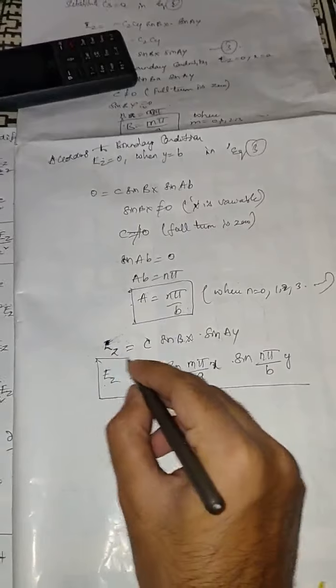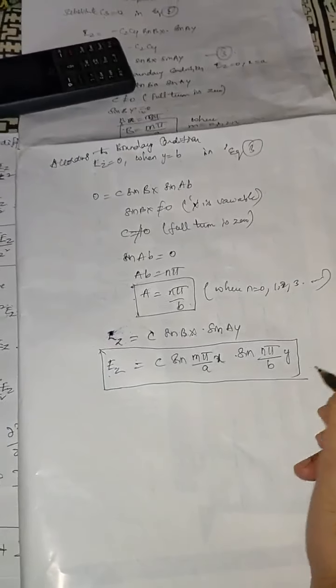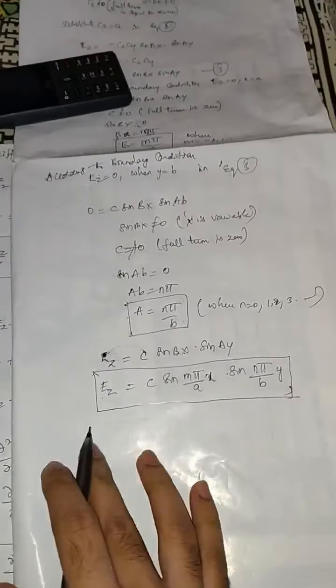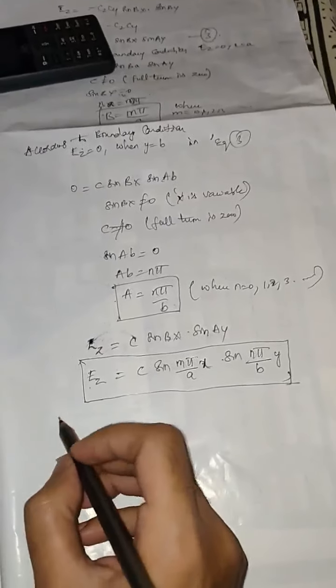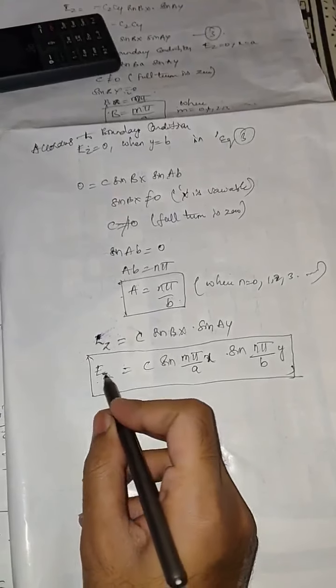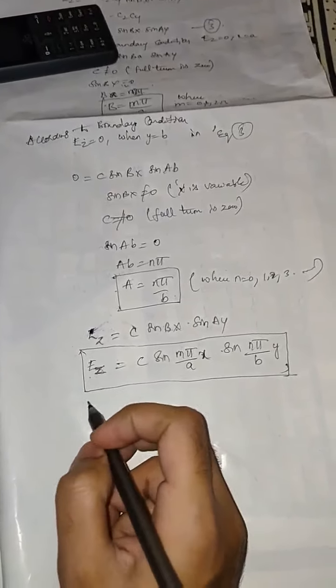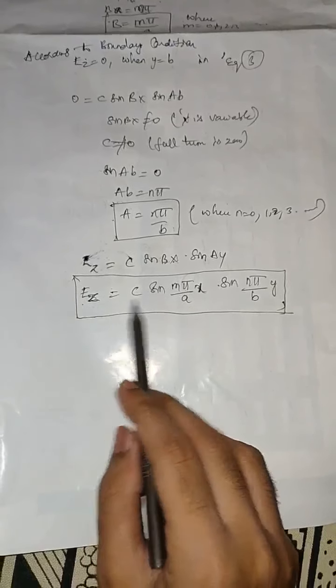So this is the value of the Ez equation. The other variables depend on Ez, so you can find them from this Ez equation.